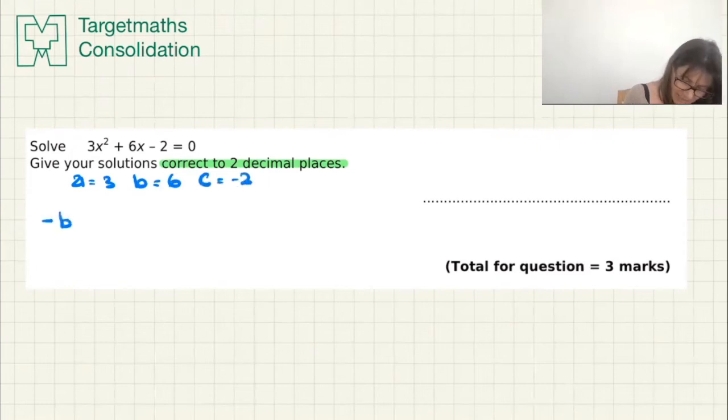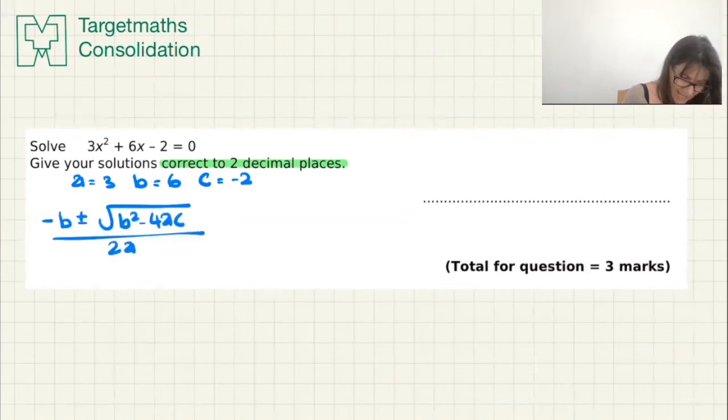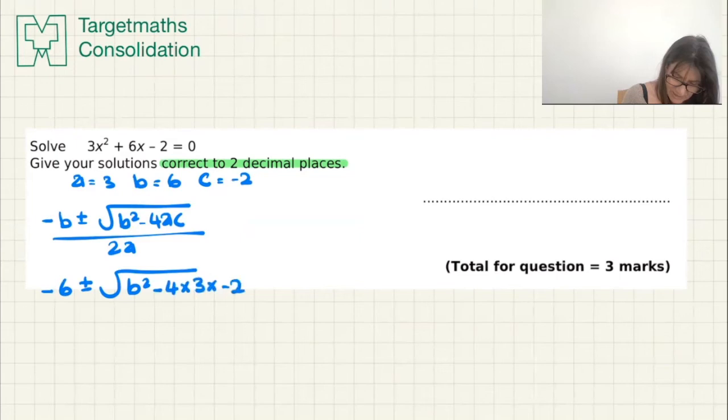It's minus B plus or minus square root of B squared minus 4AC all over 2A. Put in everything carefully. Minus B is 6 plus or minus 6 squared minus 4 times 3 times minus 2 all over 2 times 3.